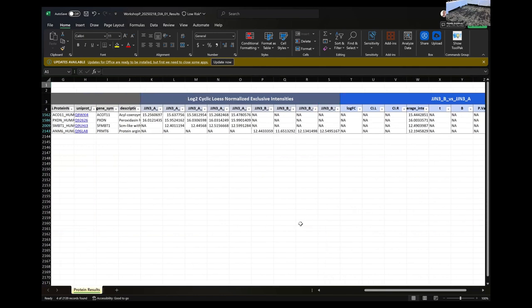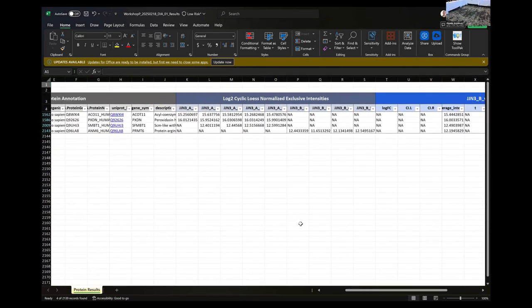For this particular data set, there were not a lot of proteins that were present-absent. But these are the 4 where we have all values in all of one group and none of the other. You can see that we've got 3 of them that are all in the first group, none in the second group, and then one of them that's in the second group and none in the first group here.